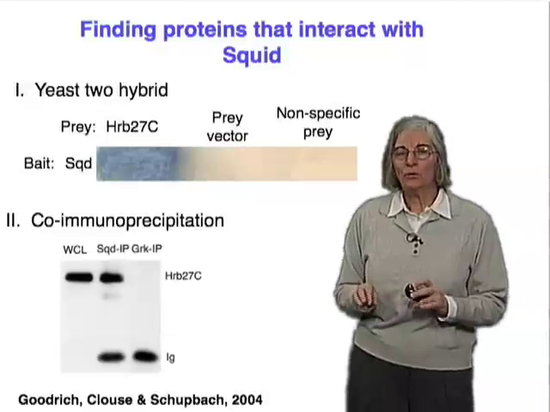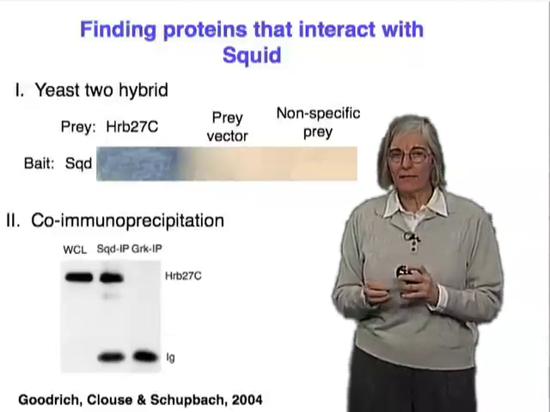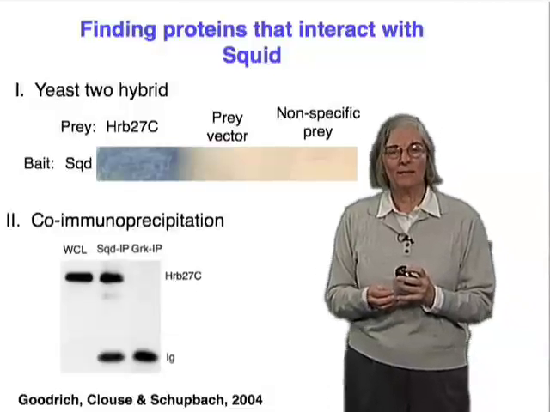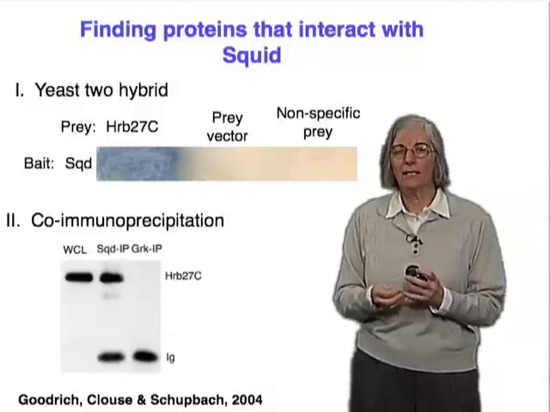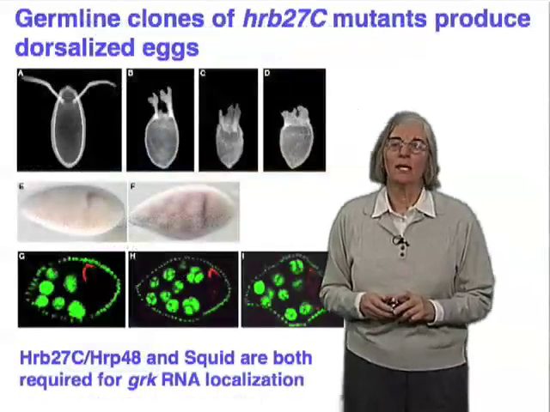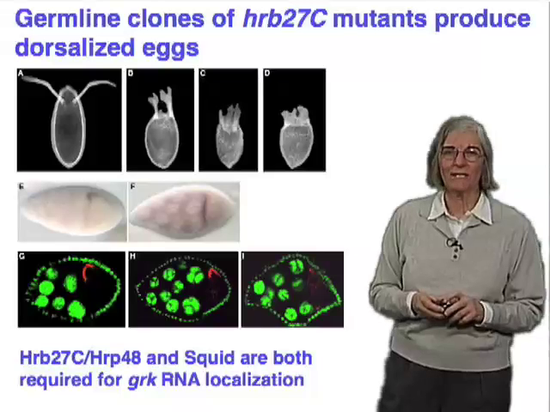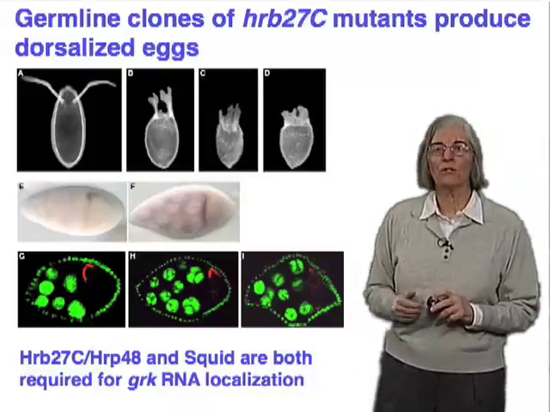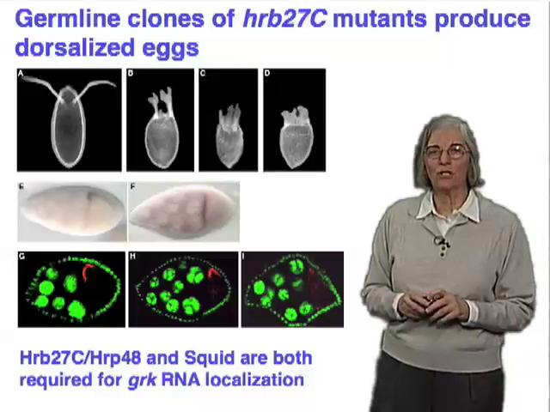Now, showing that two proteins interact physically doesn't necessarily tell us whether they really also functionally act in the same process. And so Jennifer Goodrich tested mutations in HRB27C to see whether they really also affected Gurken localization.